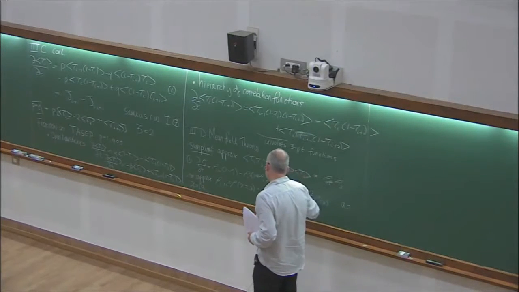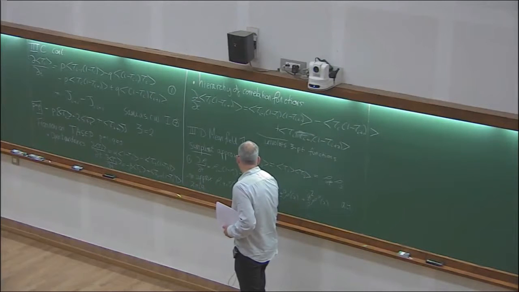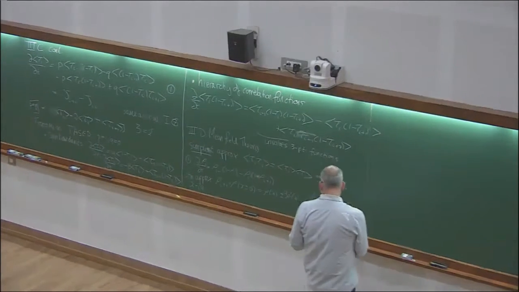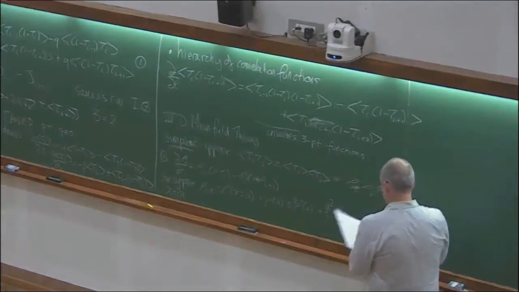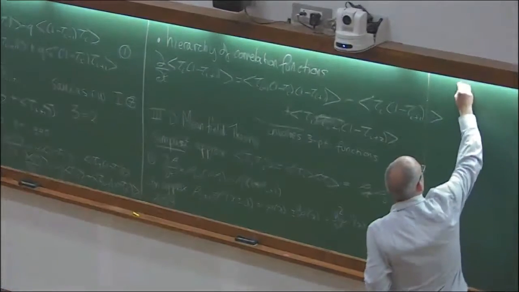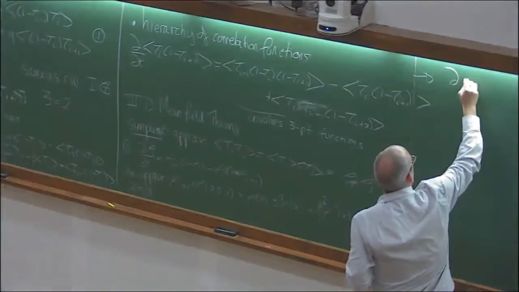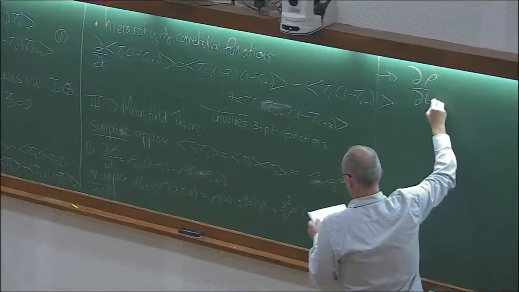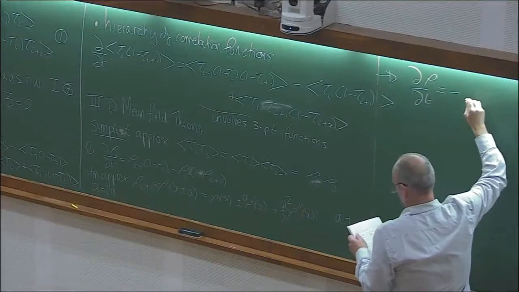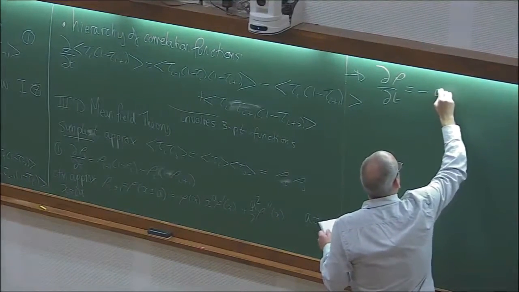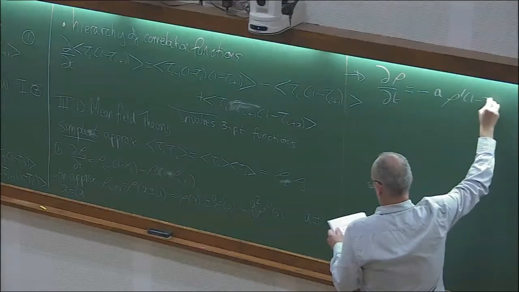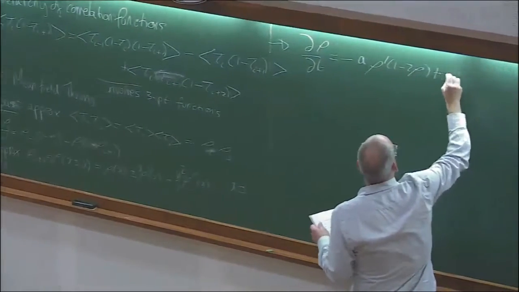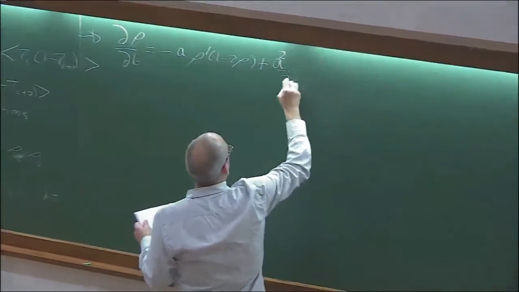And then I substitute this in this equation. And what I find is d rho by dt equals, let me keep the a's in there just for a moment, a rho dashed (1 minus 2 rho) plus a squared over 2 rho double dash.